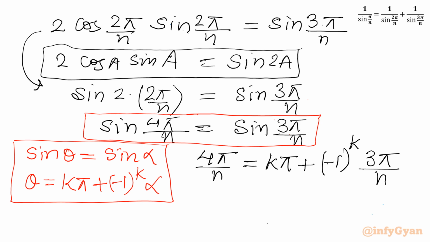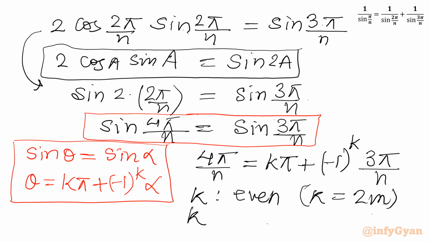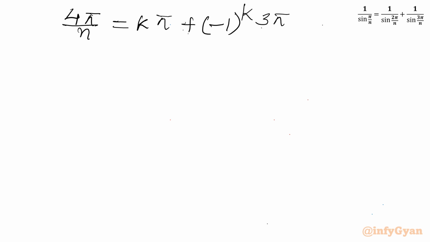Now I will consider two cases. When k is even, we can substitute k equal to 2m, and when k is odd, we can apply k equal to 2m plus 1.